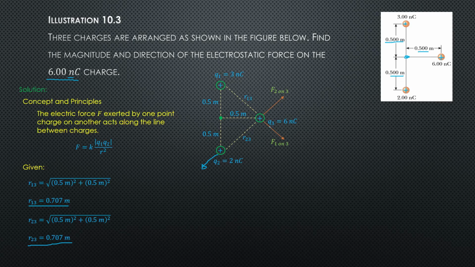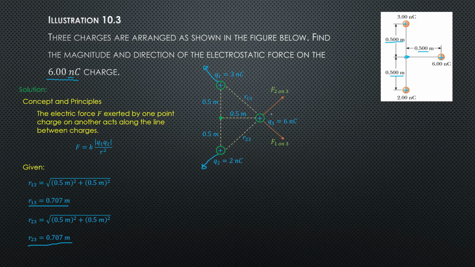Similarly, the force on charge 3 by charge 1, positive and positive, so they repel. So there's also another force on this side. This force and this force are equal in magnitude, but they differ in direction.